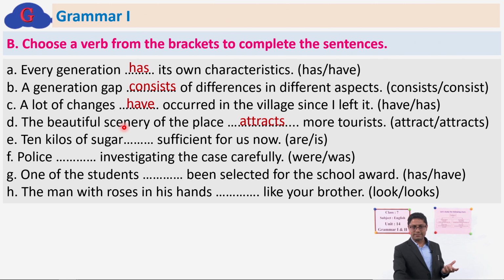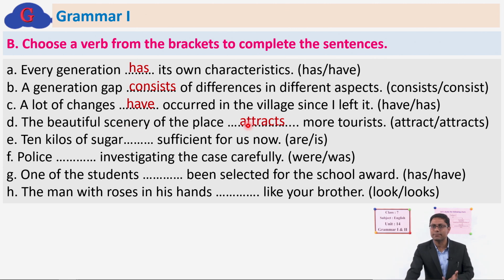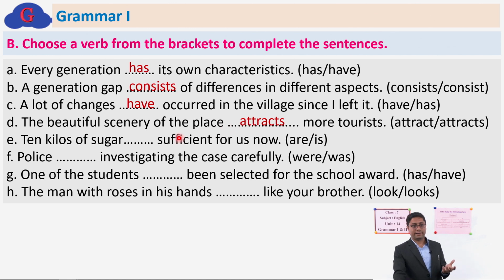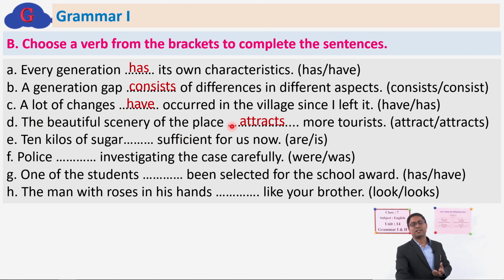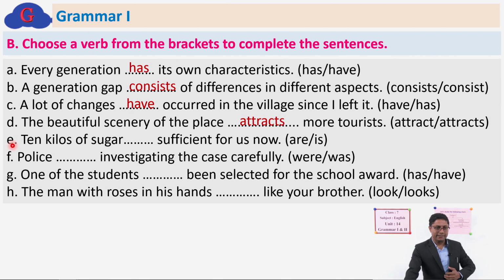Why the singular form of the verb then? Can you give me the reason? Very good. There is the beautiful scenery of the place, an uncountable noun. An uncountable noun takes a singular form of the verb.